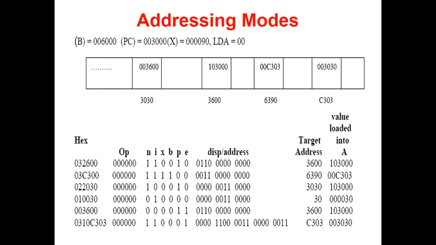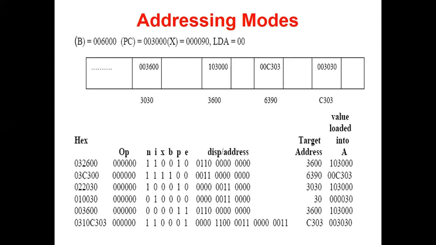Yes, it is. Yes, sir. Okay. Can you go through the next example? Maybe within like 3 minutes. They are telling us the target address is 6390. And what will be loaded into the accumulator will be 00C303.